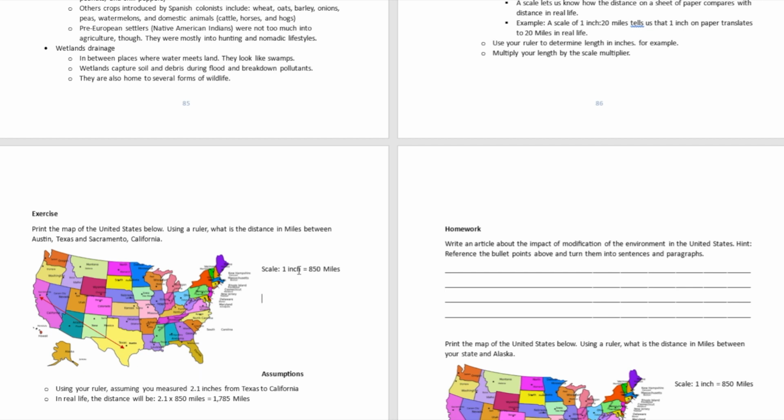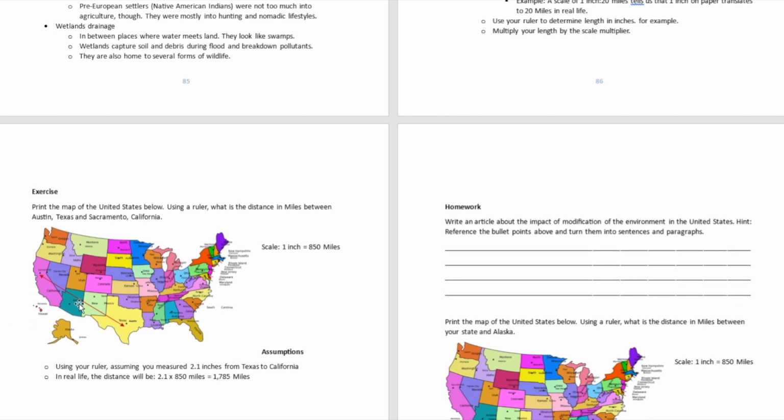So if you were to print this out and measure, let's say, from Texas to California, if you measure maybe 2.1 inches from Texas to California, in real life that distance is going to be equivalent to 2.1 multiplied by 850 miles, which is approximately 1,708 miles from Texas to California.